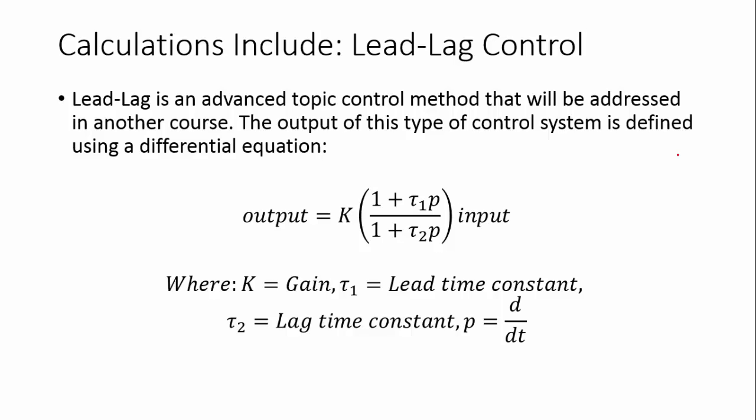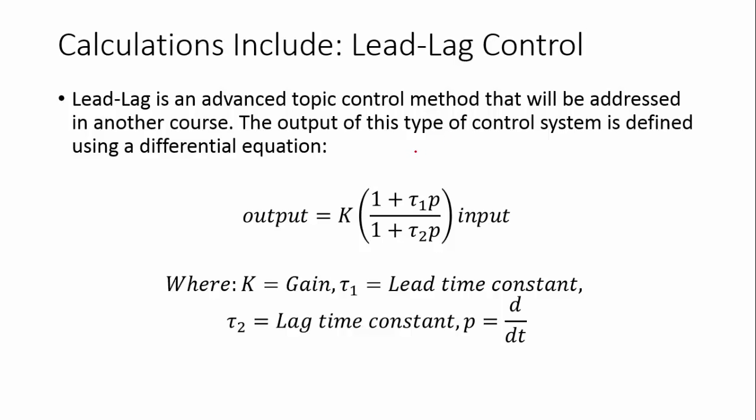The other calculation that can be done in an advanced system is lead lag. Lead lag is an advanced topic in control systems, and we're not going to talk about it a whole lot here. It'll be addressed in another course, and you're going to be able to demonstrate it using some process setups.